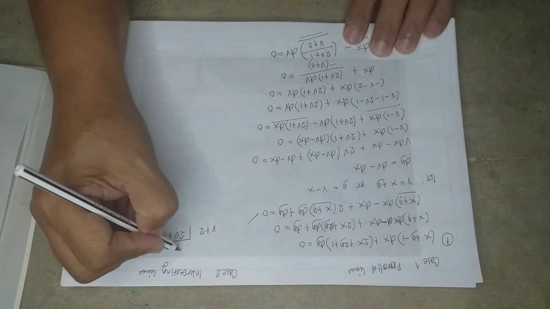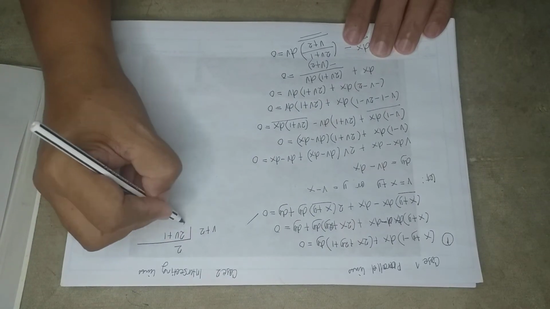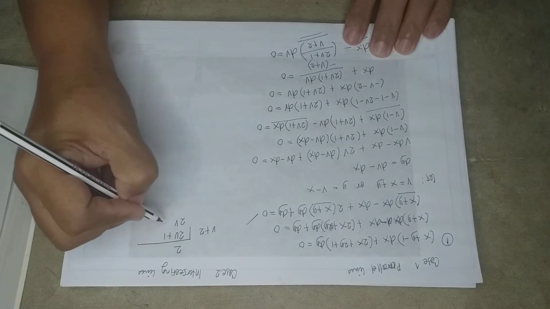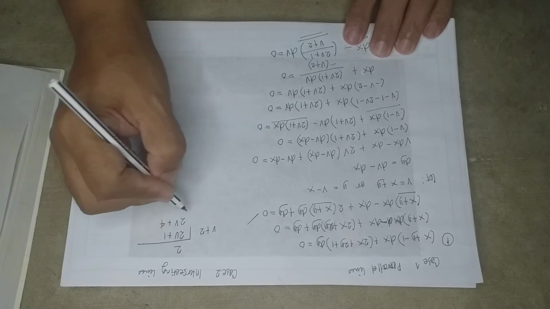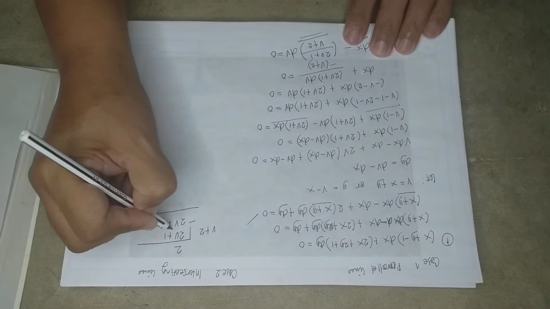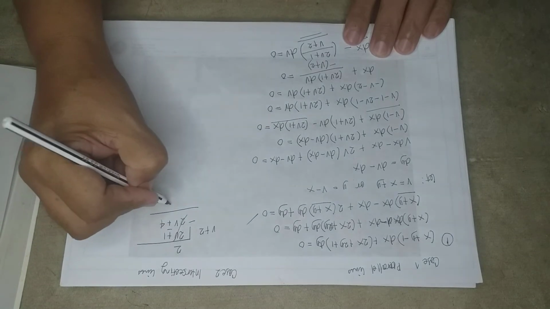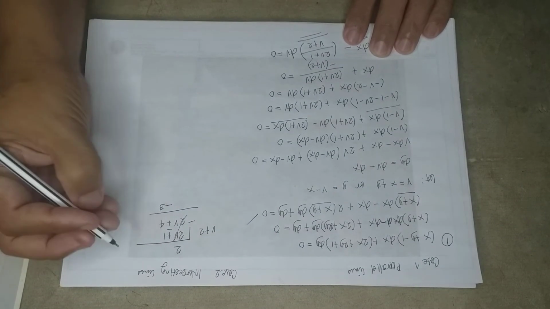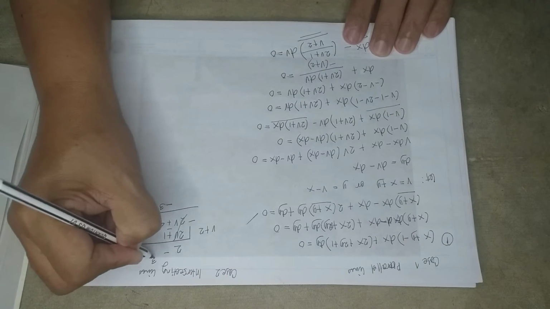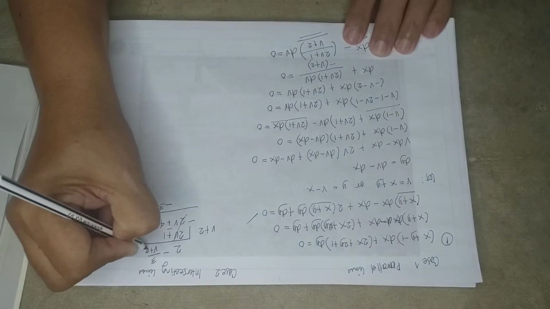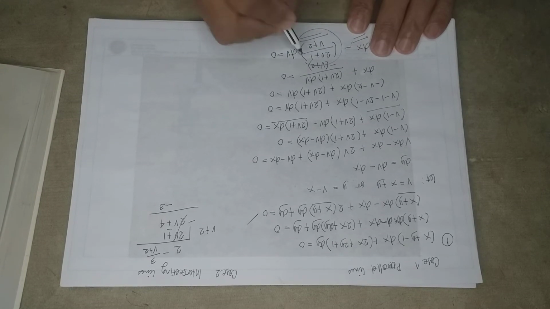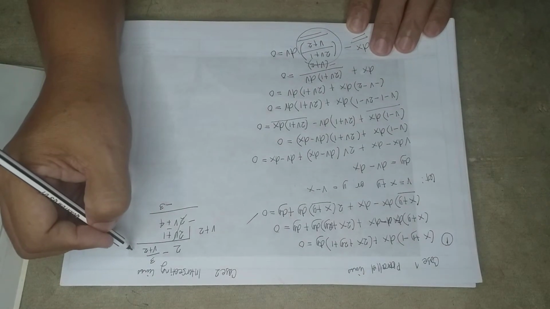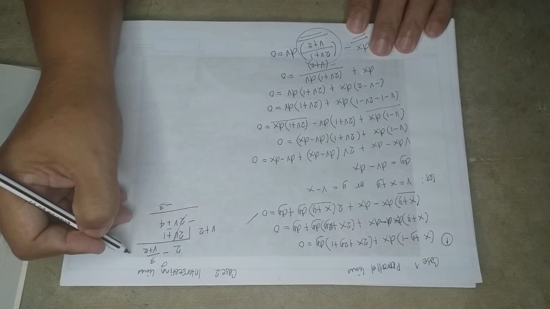So we have to divide 2v + 1 by v + 2. We multiply 2 times v is 2v + 4. Subtracting, this cancels. We have negative 3. So this is -3 over v + 2. So we could rewrite this whole thing as 2 - 3 over v + 2.